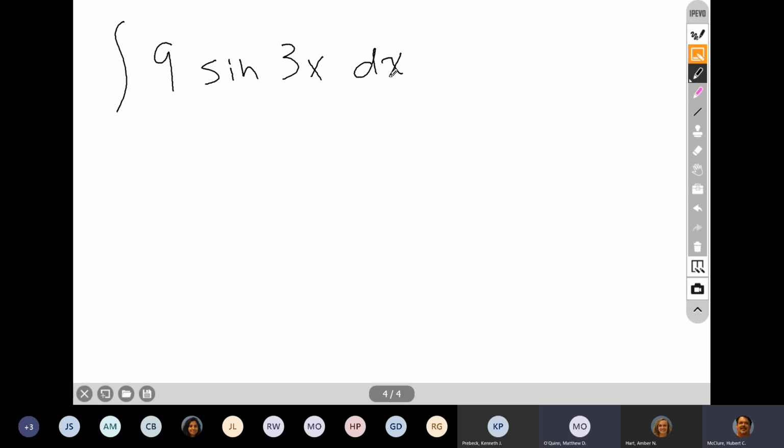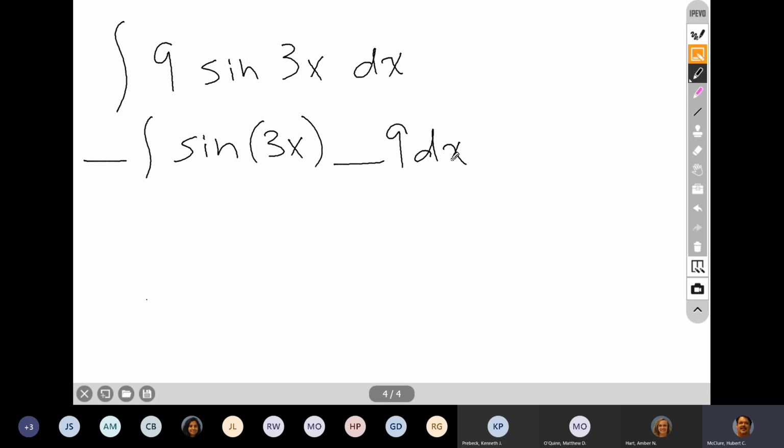All right, there's been a minute. Rewrite. Blank antiderivative sine 3x, blank 9 dx.